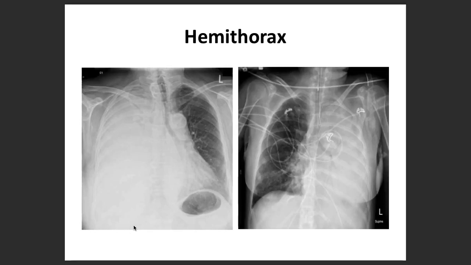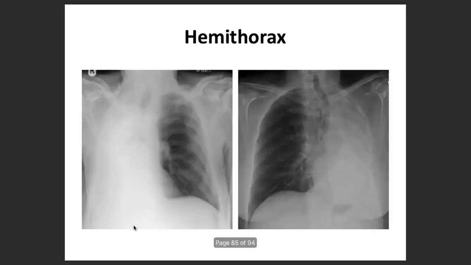However, it is going to be pulled towards the opacified side, for example, if you look over here in the last X-ray, if there is a lung collapse, a pneumonectomy, or also pulmonary hypoplasia or pulmonary agenesis.